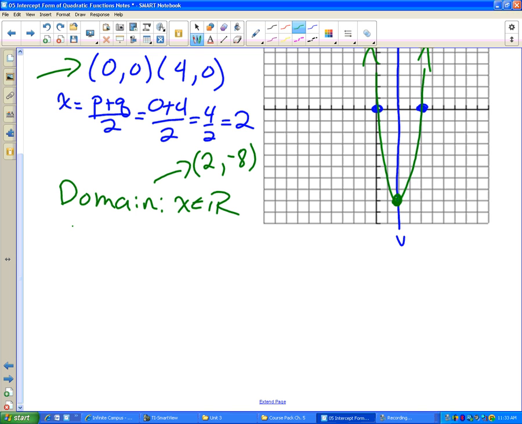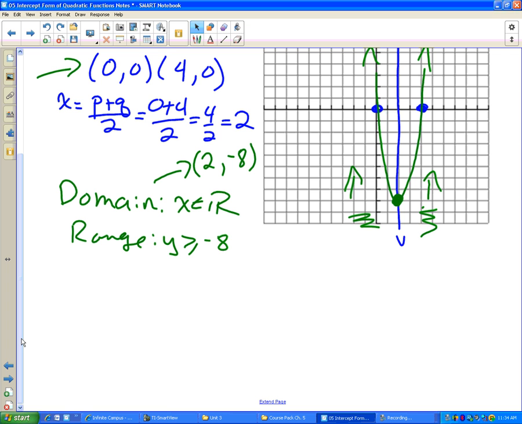I can pick any x. My range, y, since a is positive, is greater than or equal to my y coordinate, which is negative 8. All the y's it gives me are going to be above negative 8. It won't ever give me a y that's less than negative 8 because that's my vertex.